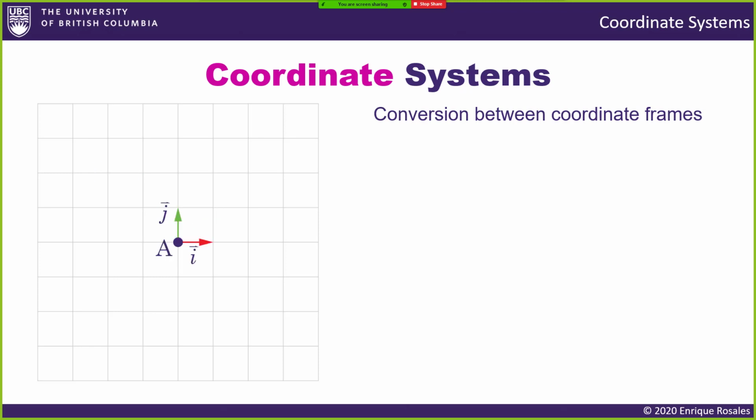So we have two coordinate frames. We have A, which is basically similar to what we usually understand, like the X and Y, or in this case, I and J. They are both unit vectors and they are orthogonal, basically similar to what we usually expect.